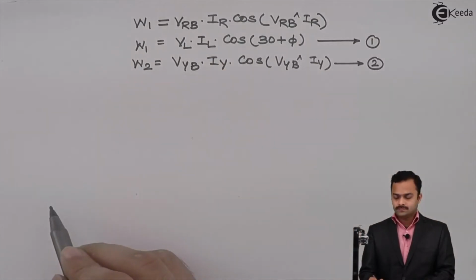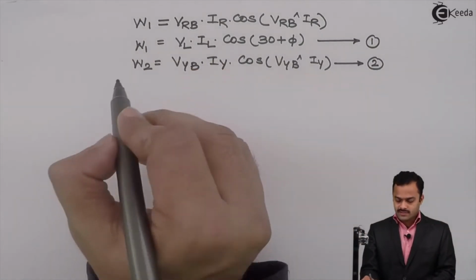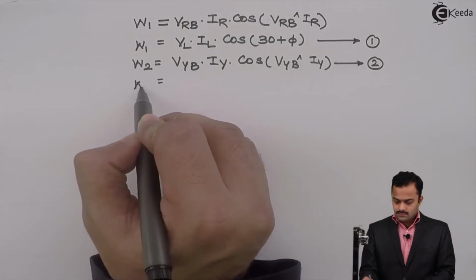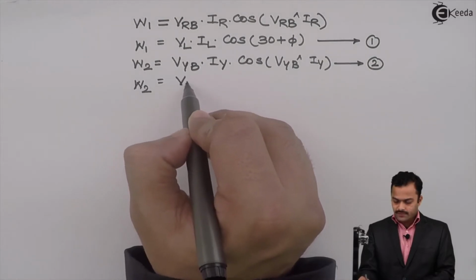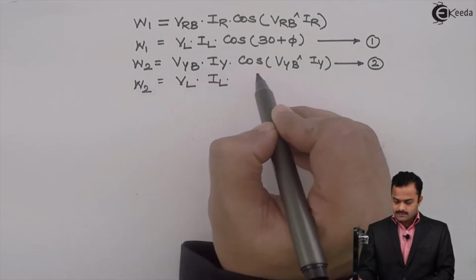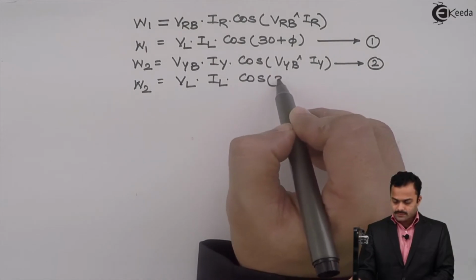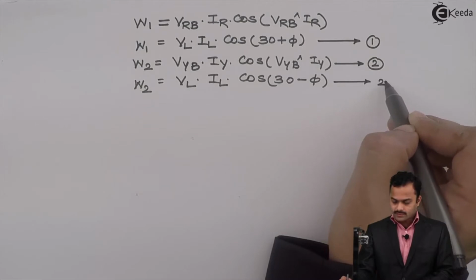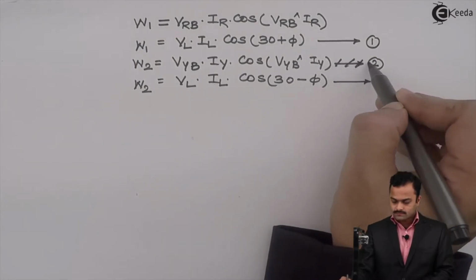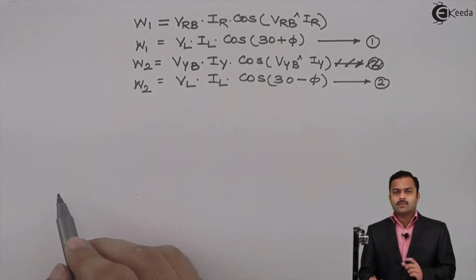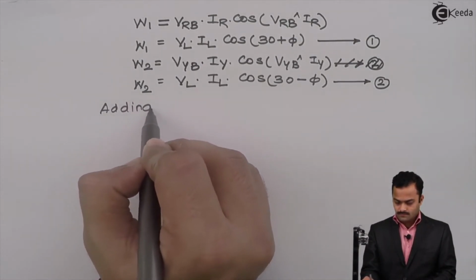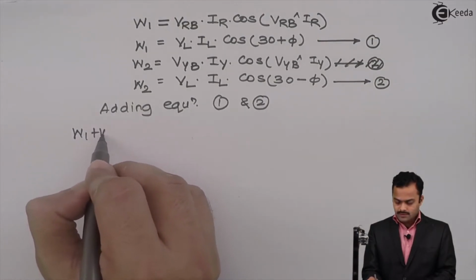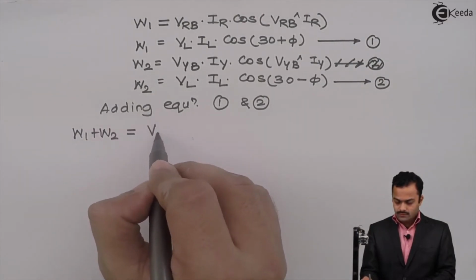Equation number 2. Now I will add equation 1 and 2. I can say this VYB is VL, IY is IL, and cos of the angle between them is 30 minus phi. So let's take this as equation number 2. So I can add equation 1 and 2. I will get W1 plus W2 equal to VL IL.